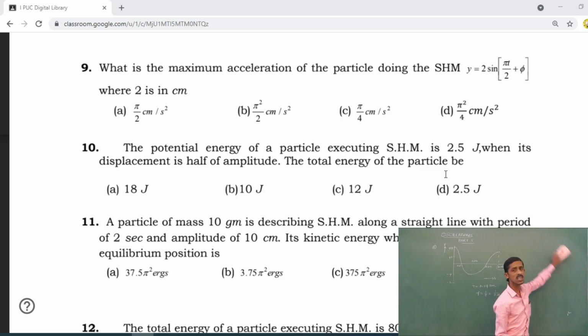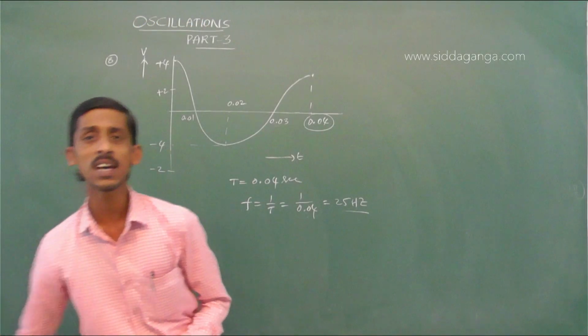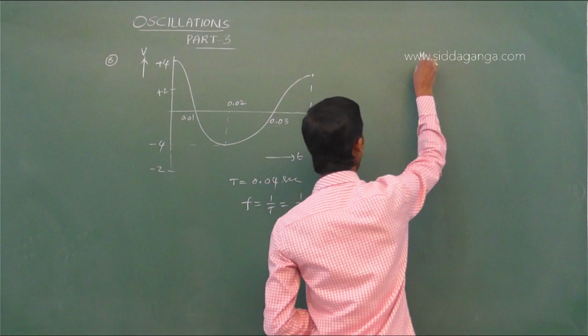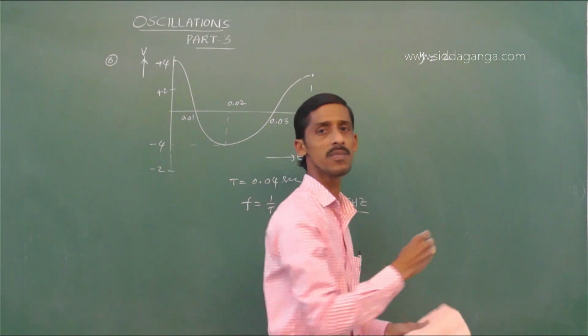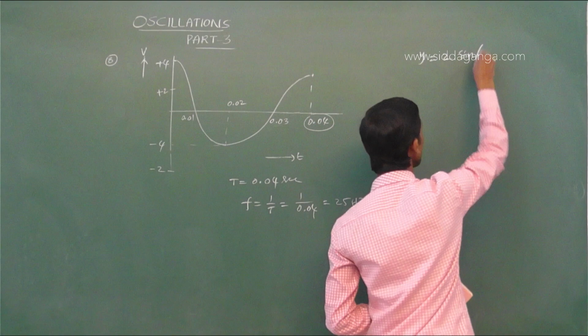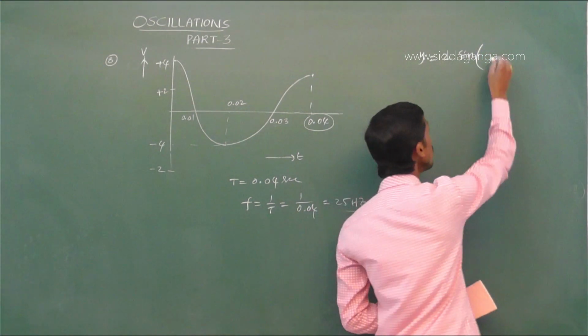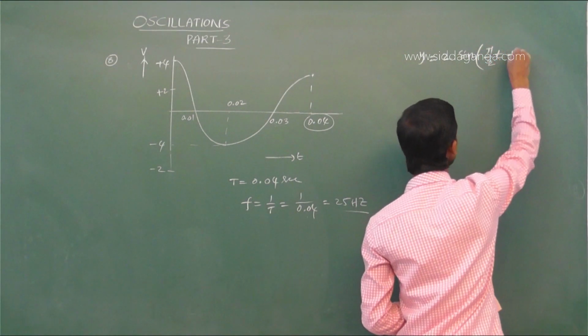So the equation is given. Displacement y is equal to 2 sine of pi by 2 into t plus pi.